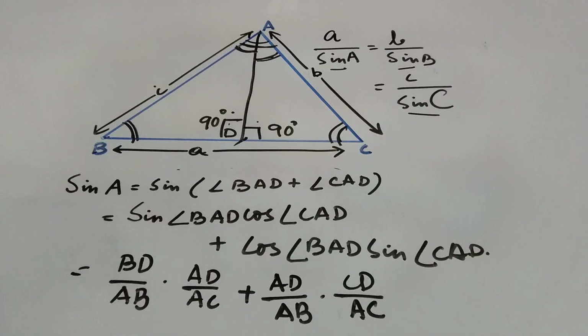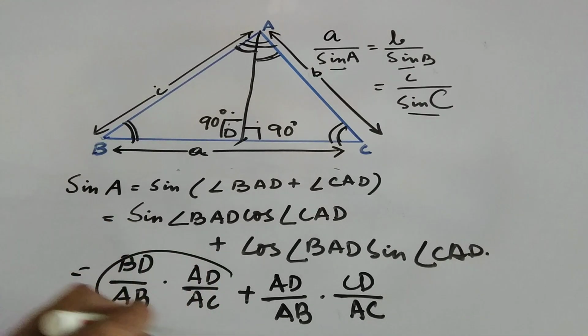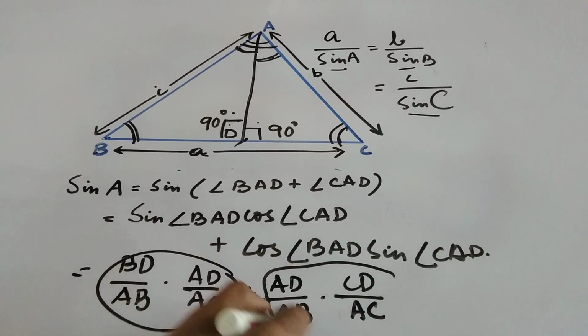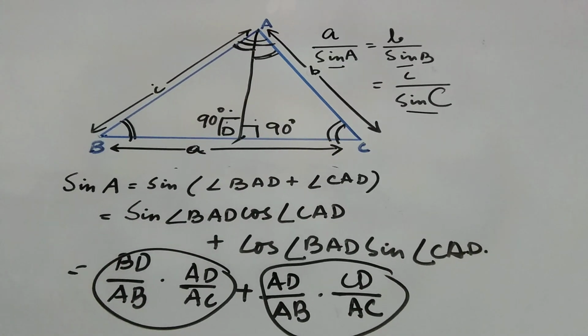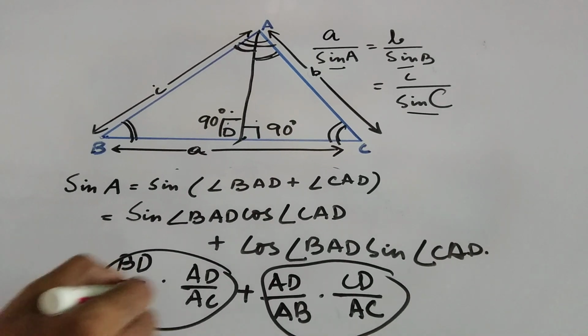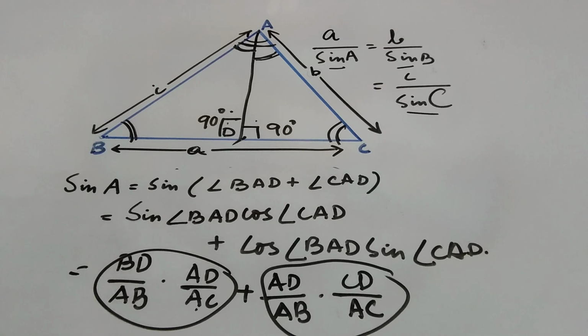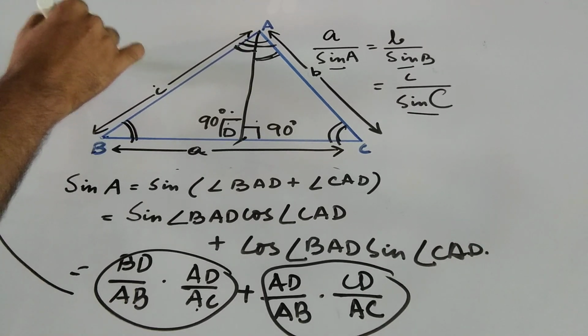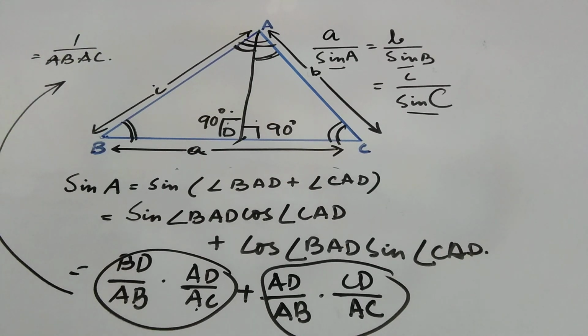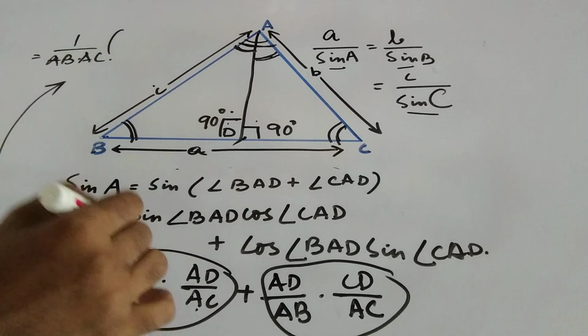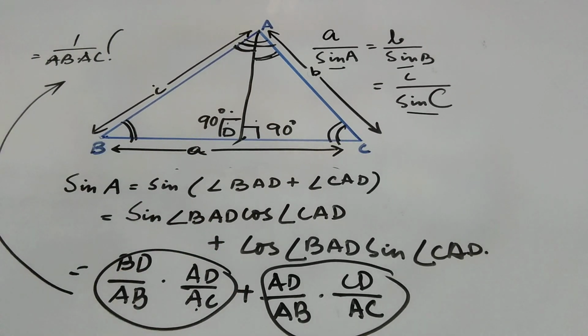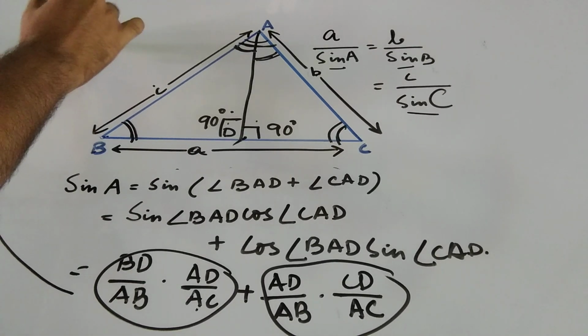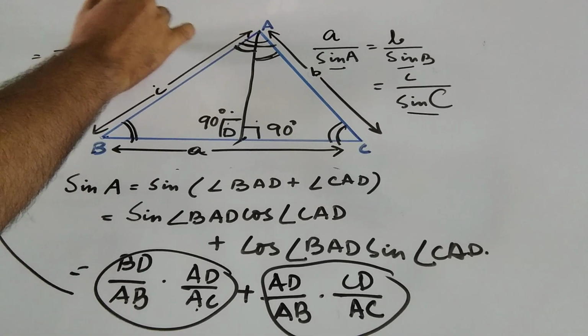Now we have to find how this expression plus this expression gets simplified. You can see AB into AC is common in the denominator. So if I write it that way, it becomes 1 by AB into AC taken common, then within the bracket on top it is BD into AD plus AD into CD, that means AD I can also take common, it is BD plus CD.